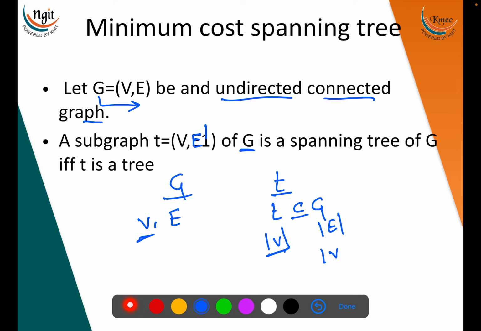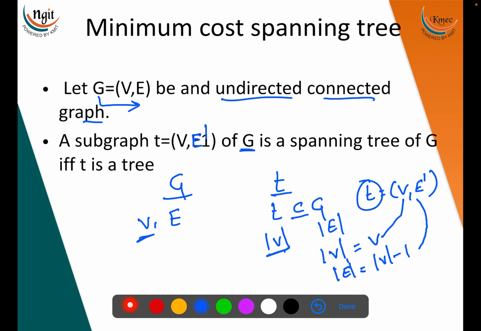That means the spanning tree's number of vertices is equal to V of the graph. The spanning tree's number of edges is equal to the number of vertices minus 1. So T equals V comma E dash, where V is V and E dash is equal to V minus 1. Now T is a spanning tree. This is the definition of a spanning tree.